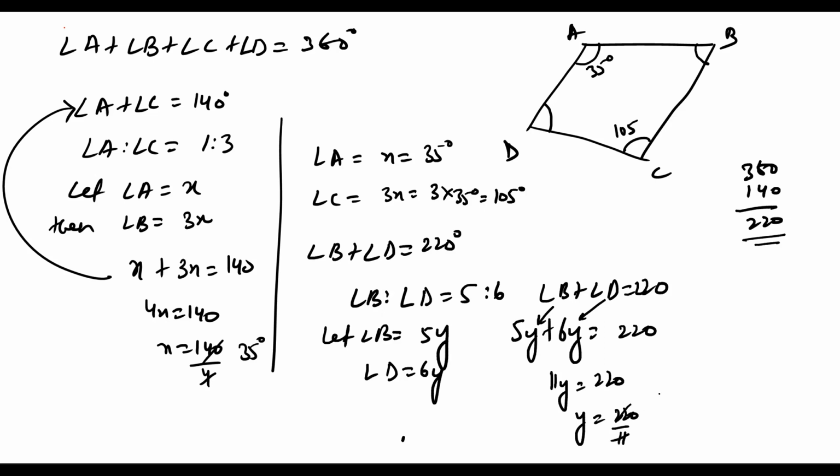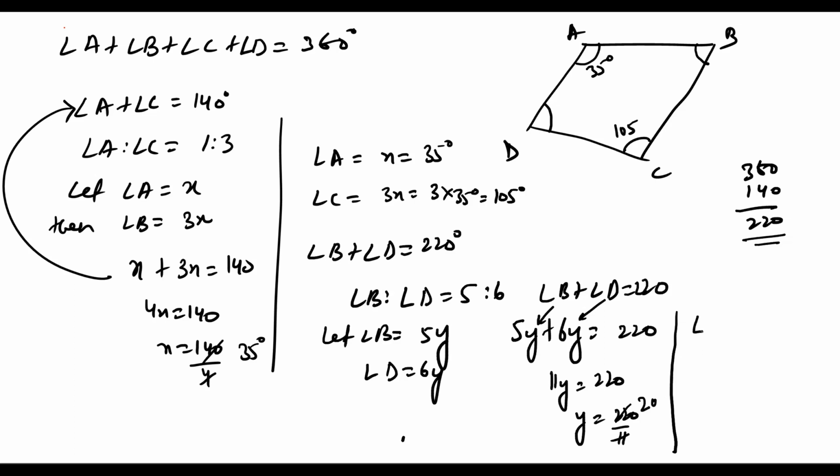You will get how much? 11 twos are 22, and 0, 20. So now you got the value of y as 20.